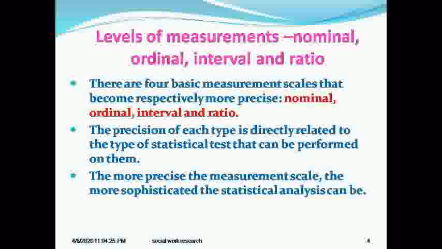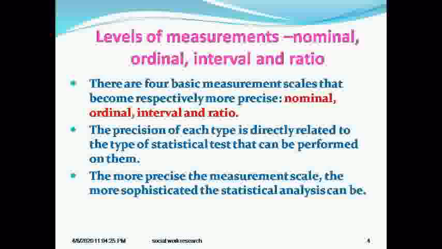What are the levels of measurement? There are 4 levels of measurement. There are 4 basic measurement scales that become respectively more precise. The first level is nominal, followed by ordinal, then interval, and finally ratio.